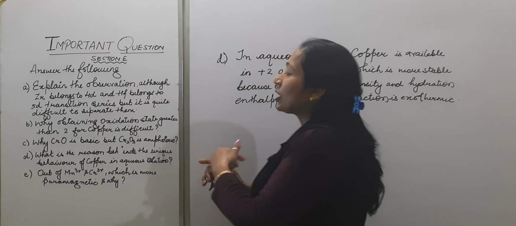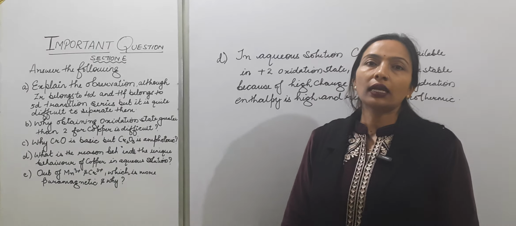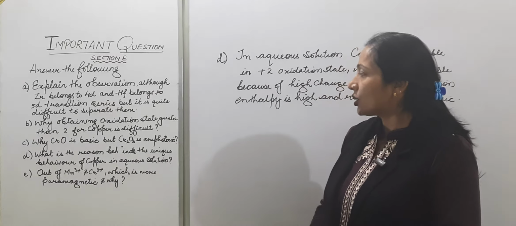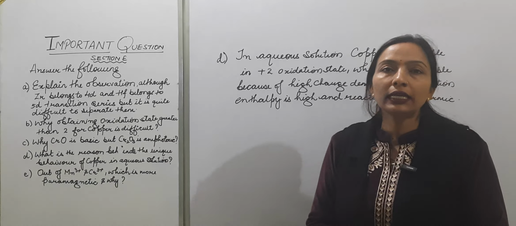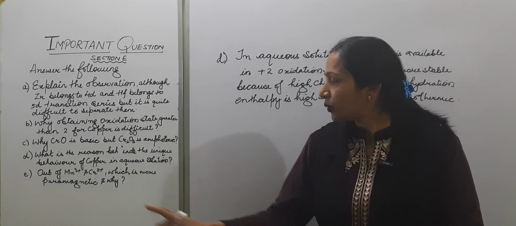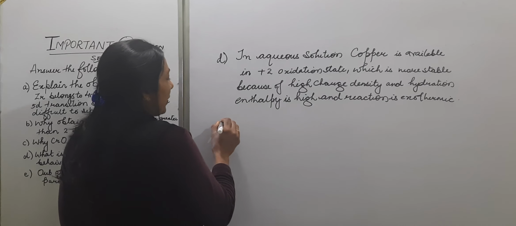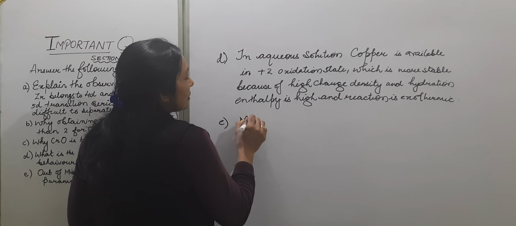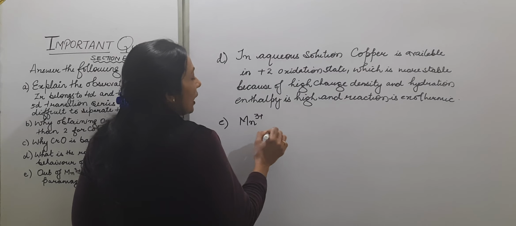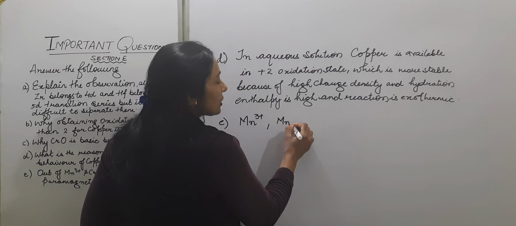The last part of this question is: out of manganese at the third ionic stage and chromium at the third ionic stage, which is more paramagnetic, and if we are choosing any, then we have to give the reason for it. So let's write first the +3 oxidation state and the electronic configuration for manganese at ground state.